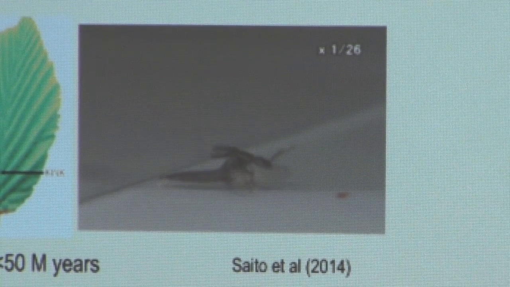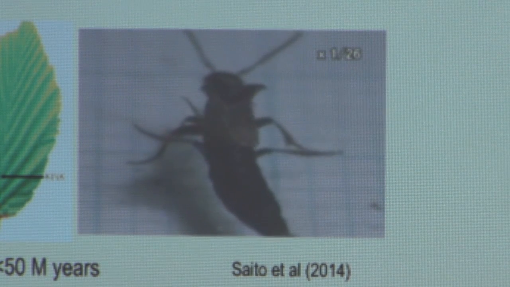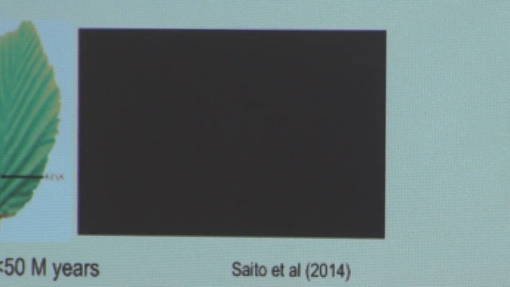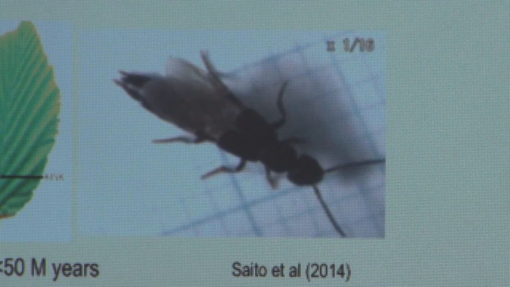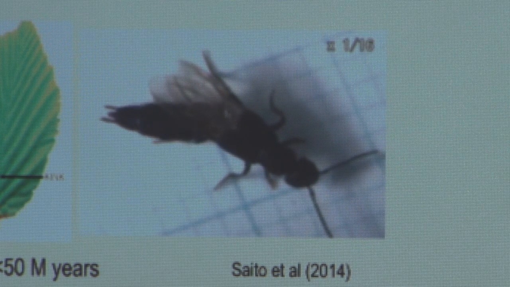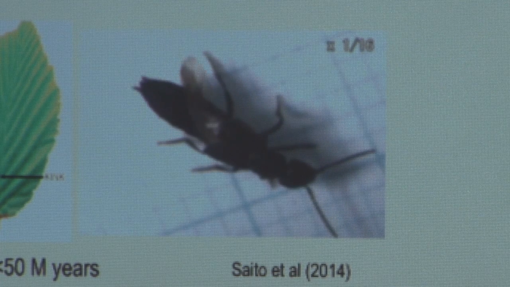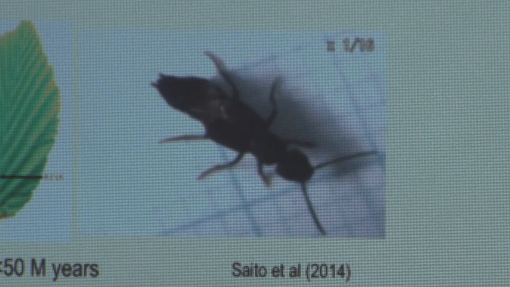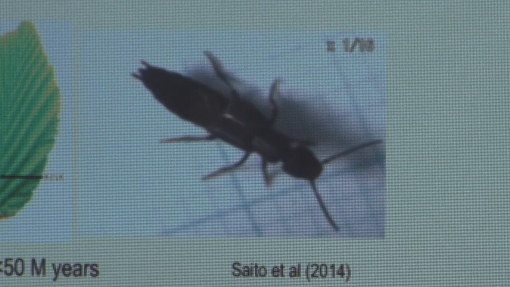And when it's ready to fly, it opens the shields, out deploy the wings, and it flies away. And soon you will see how it actually folds it back and sticks it under the shield. And it uses its abdomen in a remarkably elegant way. So it tucks it in, makes one fold, second fold, and you can almost see it's exactly this kind of fold. Okay?